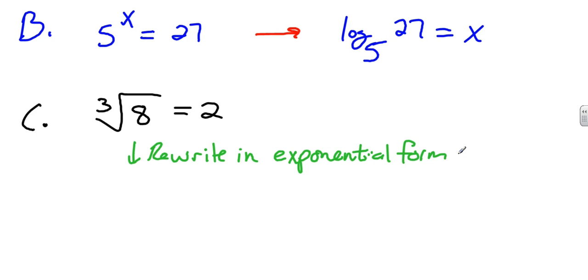So what you've got to realize for this one is that with the third root of 8, when we're talking about radicals, this 8 is your base. Whatever the radical number is here, that's like the denominator of a fractional exponent. So this basically would be 8 to the 1/3 power.